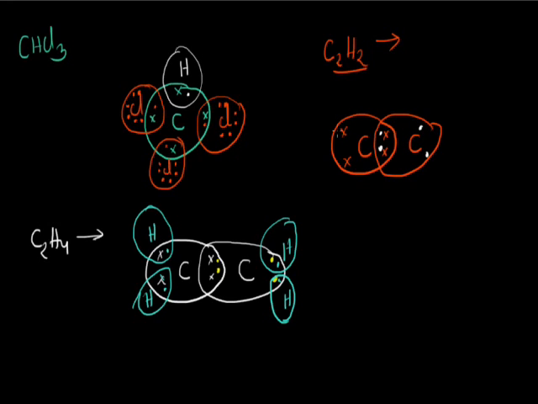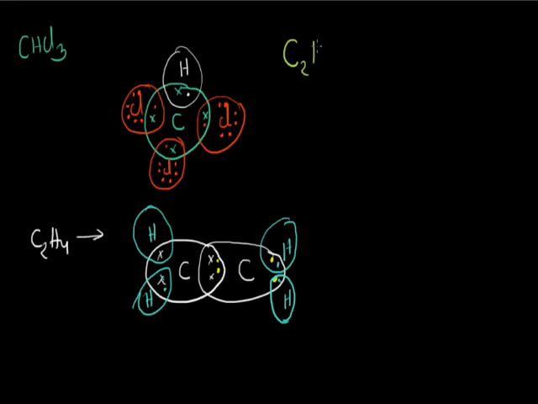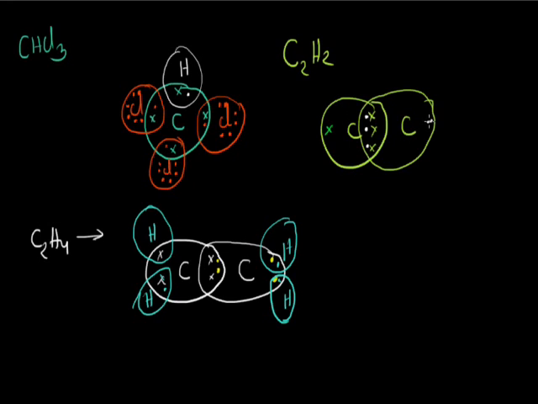In C2H2, we have 2 carbon atoms, with 1 hydrogen on each side. Hydrogen has 1 valence electron, and the other hydrogen has 1 valence electron. So here is the picture of the acetylene molecule.